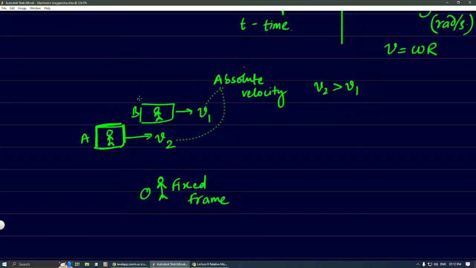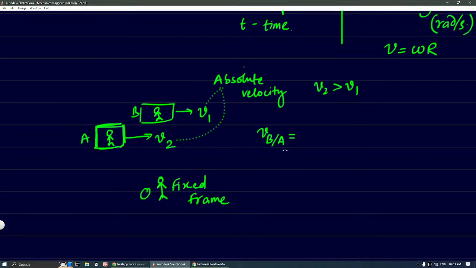The person at B will be slowly moving backwards with relation to A, because A is overtaking B. Since V2 is greater than V1, A is moving at a faster rate, and for A, B appears to be slowly moving backwards. So this velocity is called the velocity of B with respect to A.